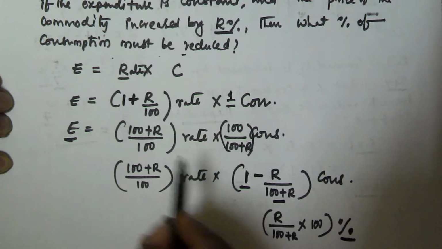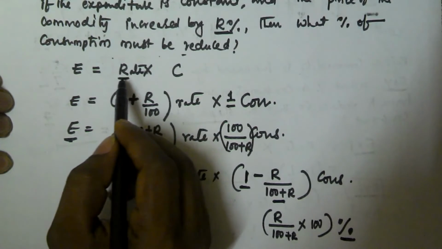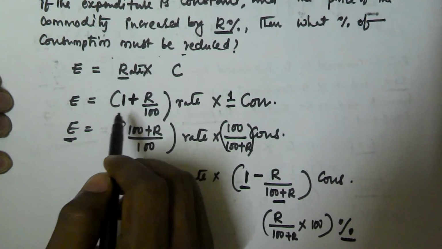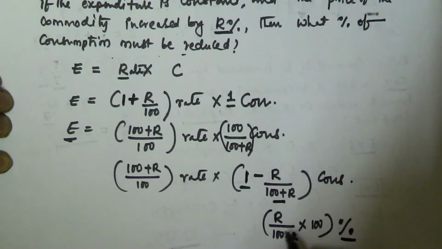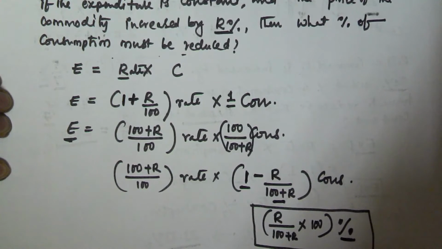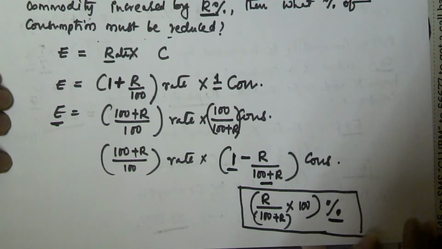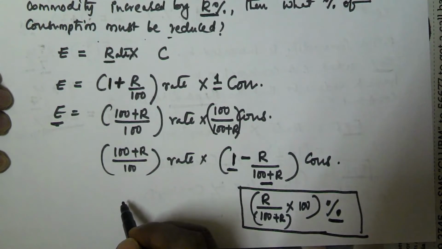That means if the rate of the commodity is increased by r percentage, then the percentage we have to reduce in consumption is given by r by (100 plus r) into 100 percent. So that will give the reduction in consumption so that the expenditure is going to be constant.